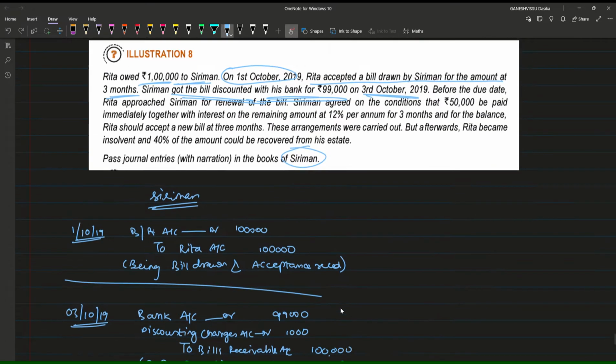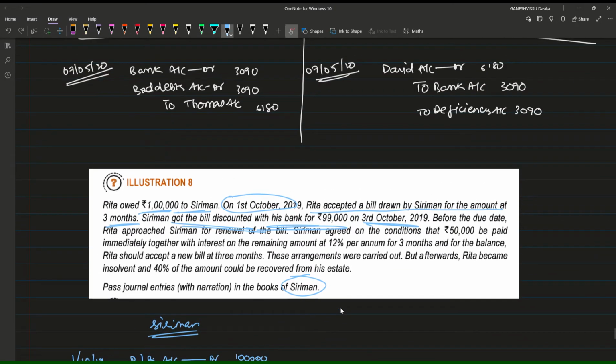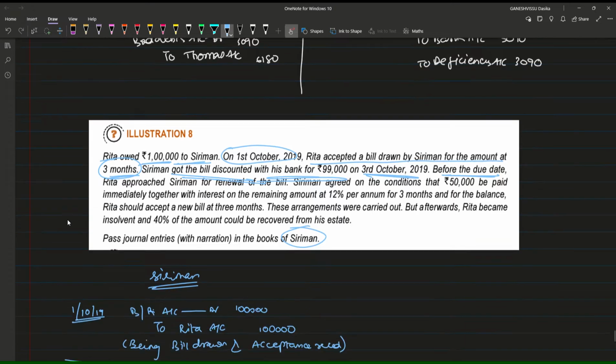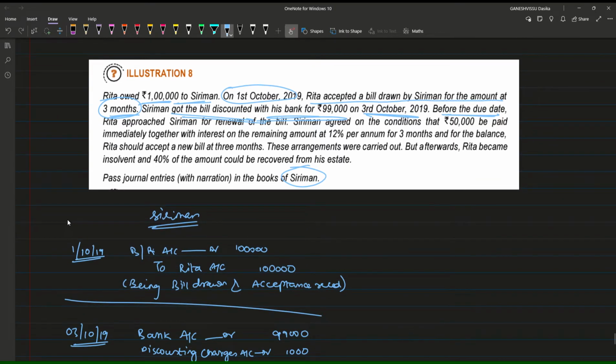On 3rd October the bill has been discounted, but before the due date. So for how many months? For 3 months the bill has been drawn.